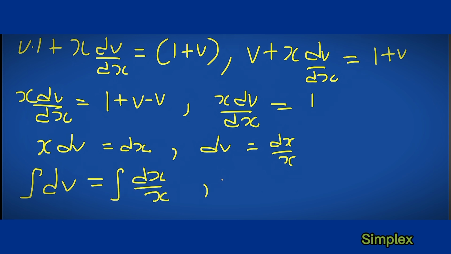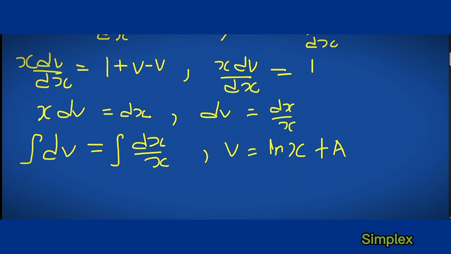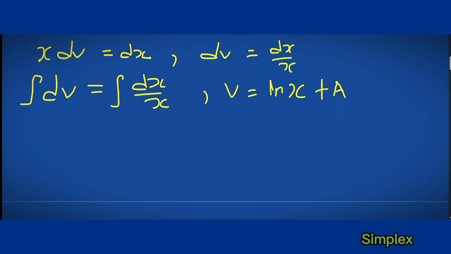So we have v is equal to ln x plus a. Here a is a constant. Anytime you're integrating, we need to add a constant at the end.